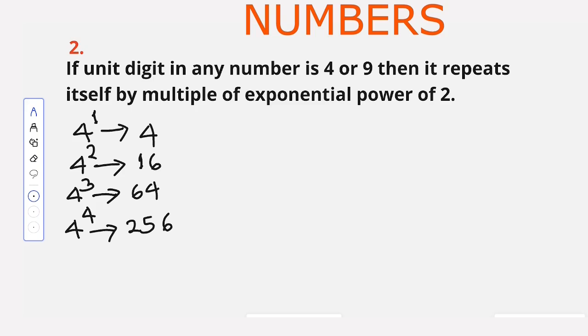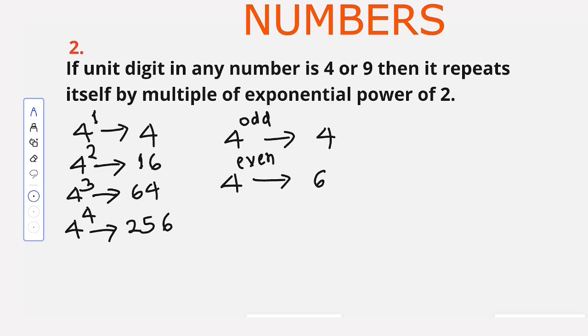So 6 repeats itself after every second power. 4 repeats itself at every second power: 1, 3, 5, again it will be 4. So we can conclude that when the power of 4 is odd, the ones place will be 4. And when the power of 4 is even, the ones place will be 6.